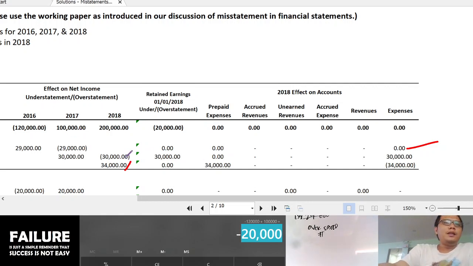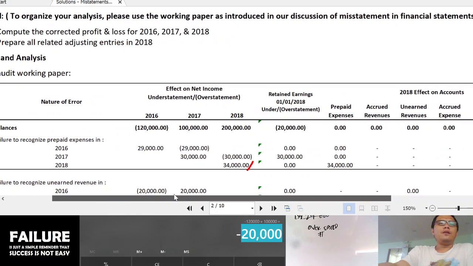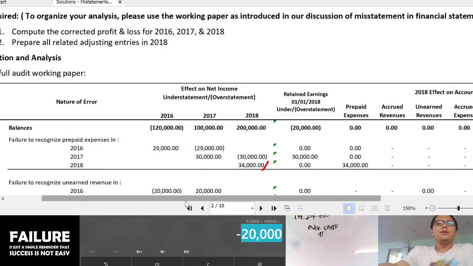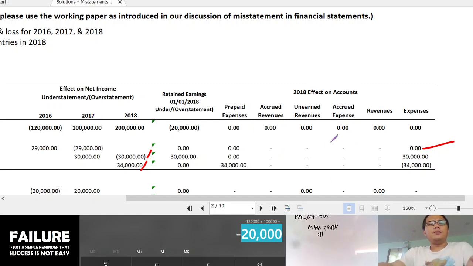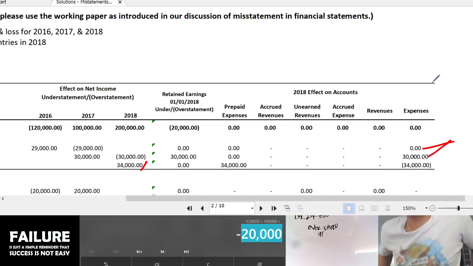However, tulad nga ng sinabi natin kanina, itong 30,000 na failure of recognition nito in 2017, basically, it overstates your net income ito, kaya nga may negative quotation siya kasi nga kulang yung expense mo. That is why we have to correct that in 2018, 'di ba? We should add it to our expense, not 30,000.